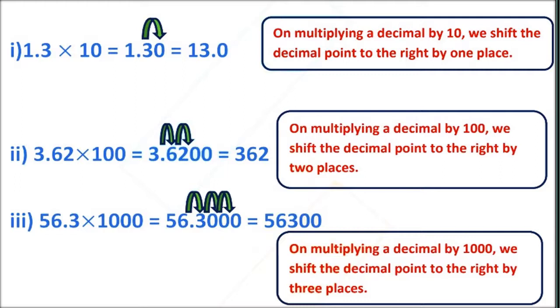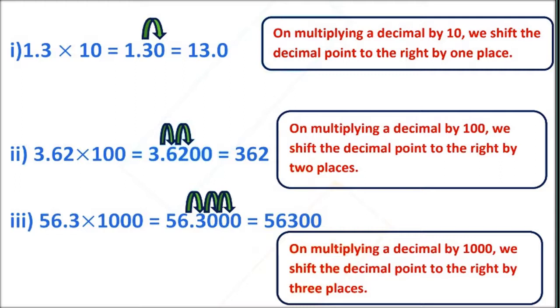Whenever you are multiplying a decimal by 10, we will shift the decimal point to the right by one place.